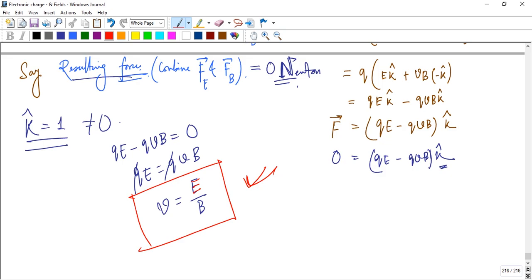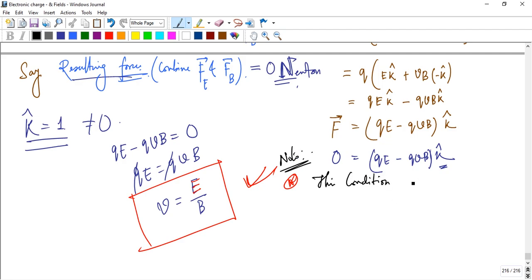This is a condition, very important. Pause the video and write down the notes.